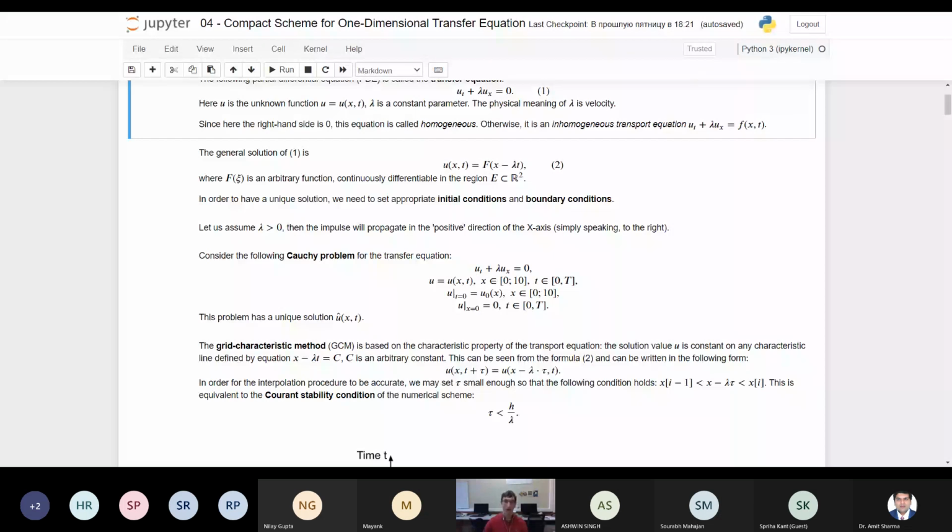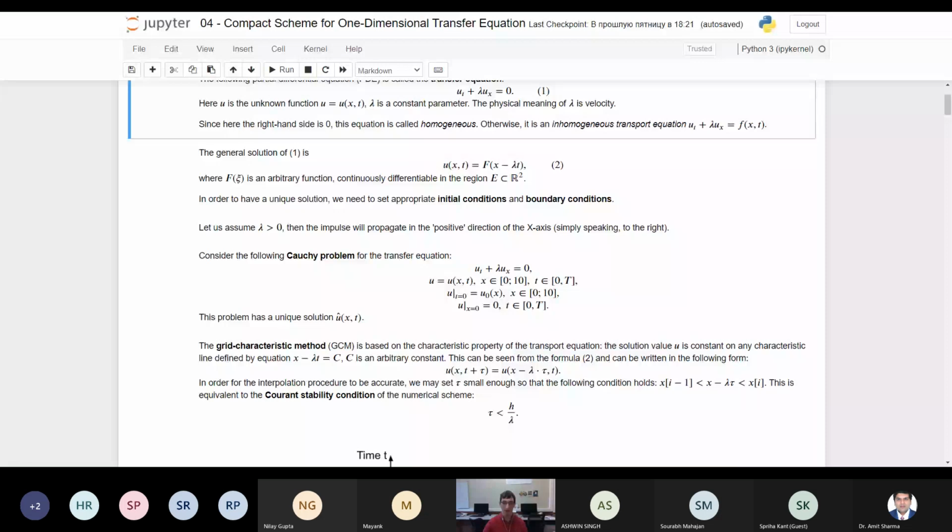Since lambda is positive, it means that the impulse propagates from left to right. Therefore, on the right boundary, we will have the values coming from the left, from inside the region, and on the left boundary, we have to set an appropriate boundary condition.